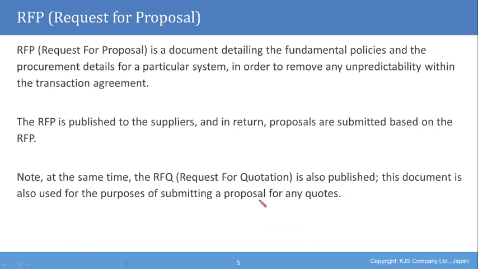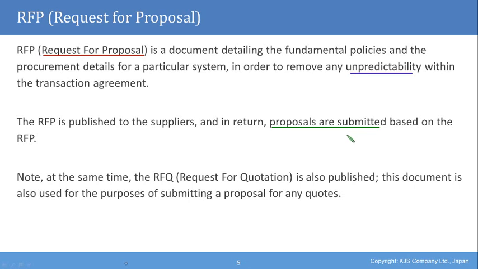An acronym which is relevant to procurement is RFP, Request for Proposal. Now this is a document detailing the fundamental policies and the procurement details for a particular system, in order to remove any unpredictability within the transaction agreement. We're always seeking to reduce unpredictability and reduce risk. The RFP is published to the suppliers, and in return, proposals are submitted based on the RFP. And so we have submission of proposals.